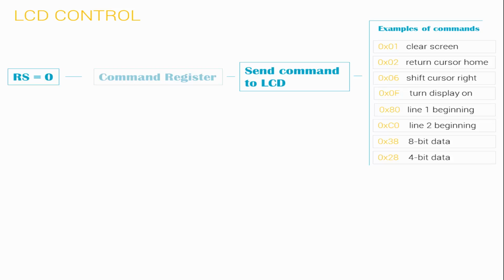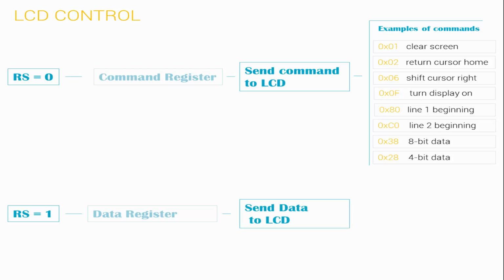So RS equals 0 allows us to send commands to the LCD, and these are some of the commands. There are numerous commands we can send in the data sheet of the LCD, but these are the ones we often use. So when we set RS to 1, then we are able to enable the data register, and when we enable the data register, we are able to send data to the LCD.